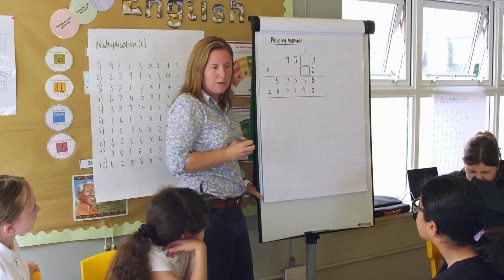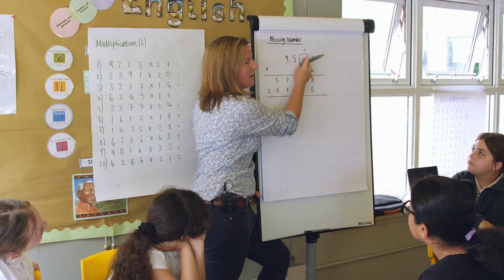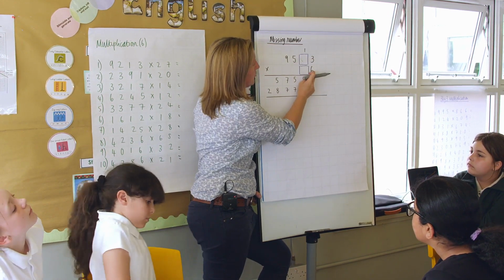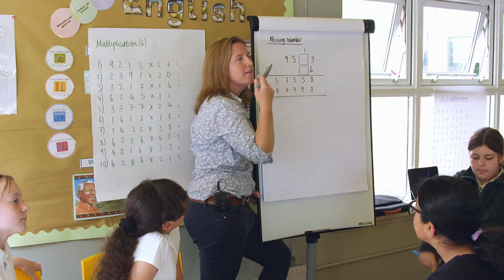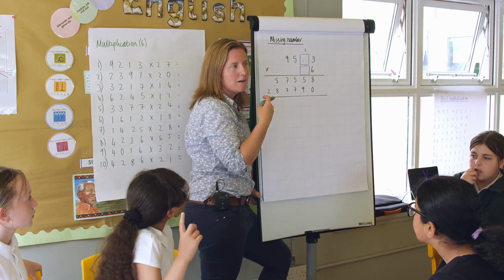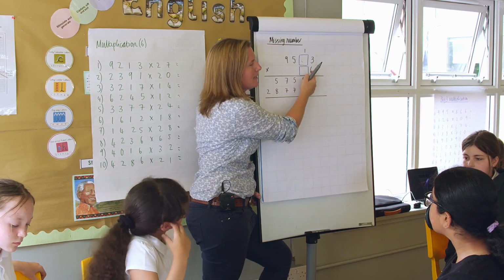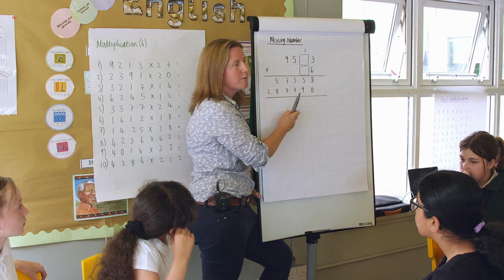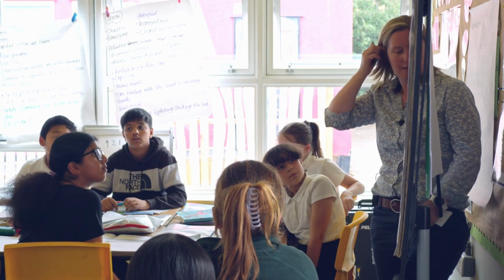So that means we've got to be quite careful with the number that would go into that box. That's going to multiply by 6. Whatever answer I get from this number multiplied by 6, I've also got to be able to add the 10 that's there. So that's what I'm thinking. Anna?